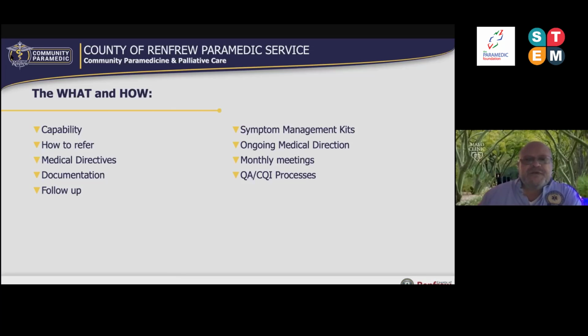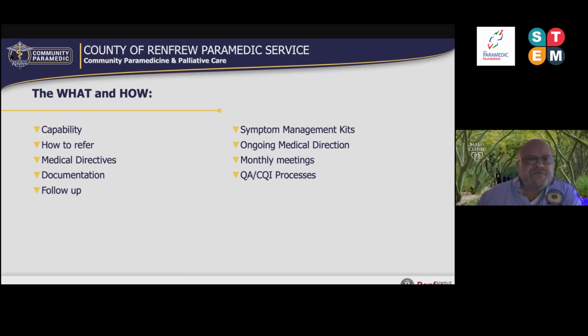So a couple of things that are important for us in terms of being a partner with palliative care is that everybody understands the capability of the community paramedic, so that we can do the right things that we're capable of doing, and that we know how to get a patient somewhere else if they need some capability we're not.